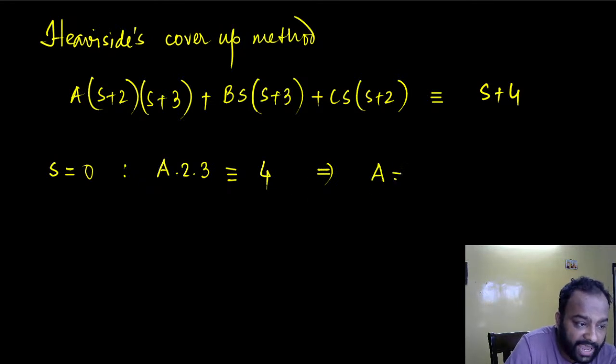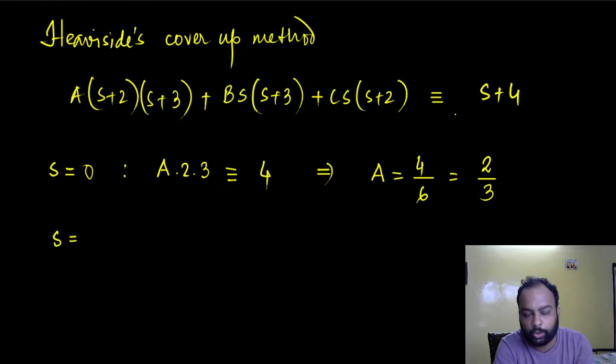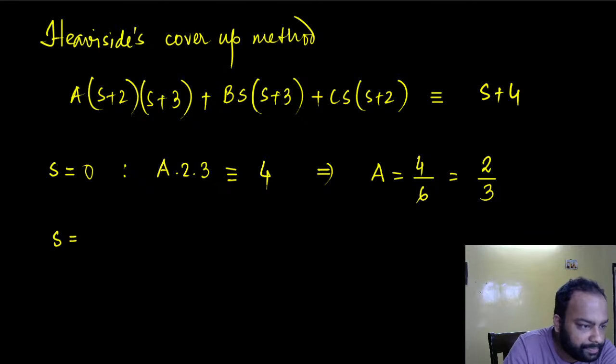So the value of A would be 4 by 6, which is 2 by 3. We are putting arbitrary values like that simply because this is an identity which is true for every value of s. So we are choosing a special case to get these values out.